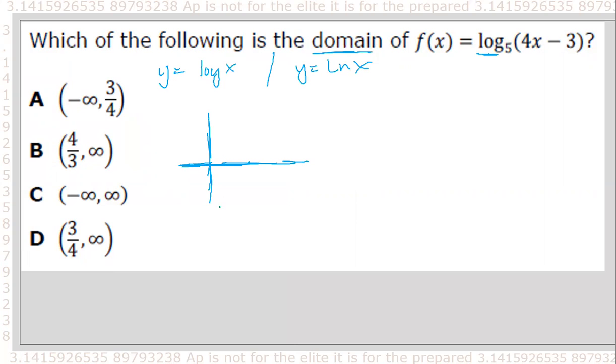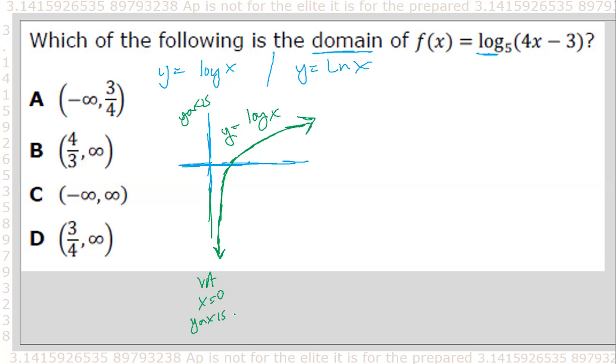So if we reflect it over the line y equals x, we have something like this. This right here will eventually get really close to my y-axis. This is log of x. Now since the y-axis is very close to our log, there's actually a vertical asymptote at x equals 0, or my y-axis.